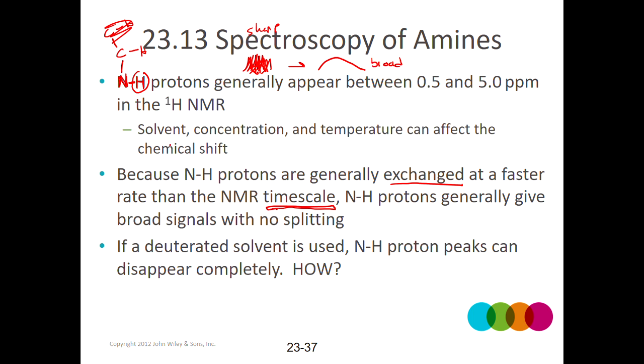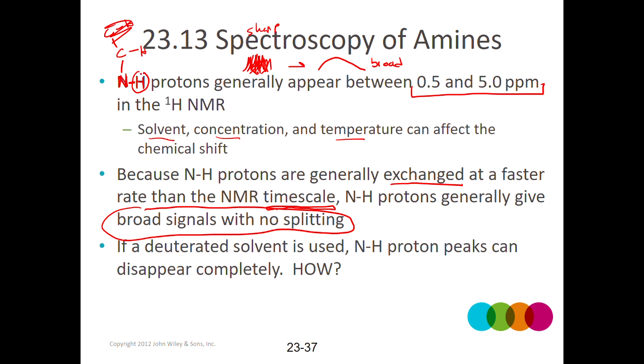So when you see an NH proton, it's hard to say for sure what it is, because it could really appear in a pretty broad range of the proton NMR scale, depending on what the solvent is, how concentrated it is, what the temperature is. But usually we see broad signals that don't engage in splitting because the protons are constantly being exchanged at a rate that's faster than the NMR experiment takes place.